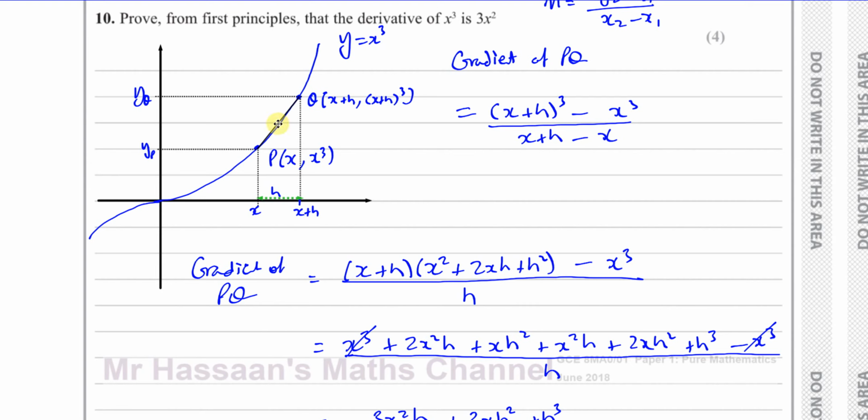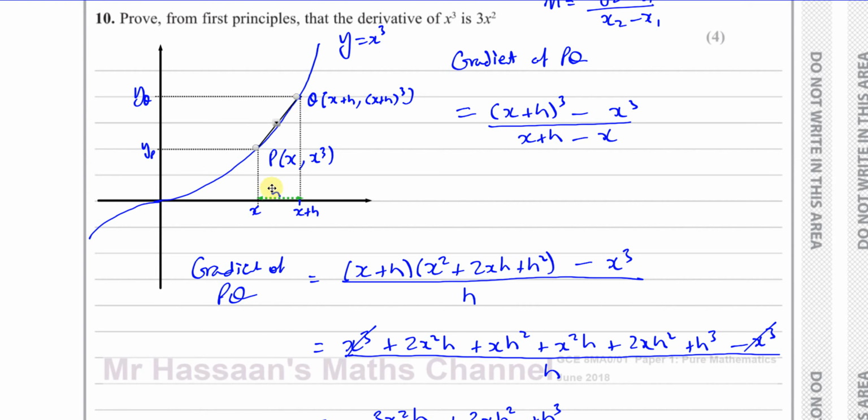Now, if I make this line PQ get smaller and smaller, so the distance h gets smaller and smaller from x until it approaches 0, eventually I'll get the gradient at P. So the gradient at P would be found by making h approach 0.